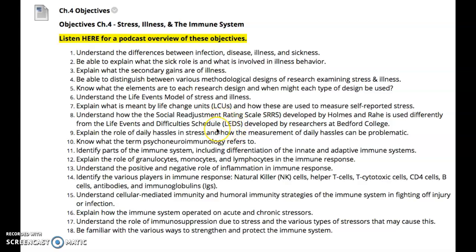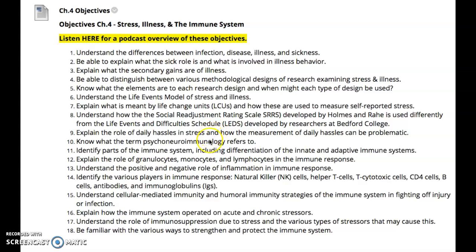How are they different and how are they used? Both are very popular measures used in health psychology, used in stress research and life events research, but they give slightly different takes on the stressors a person is going through and how that affects them.